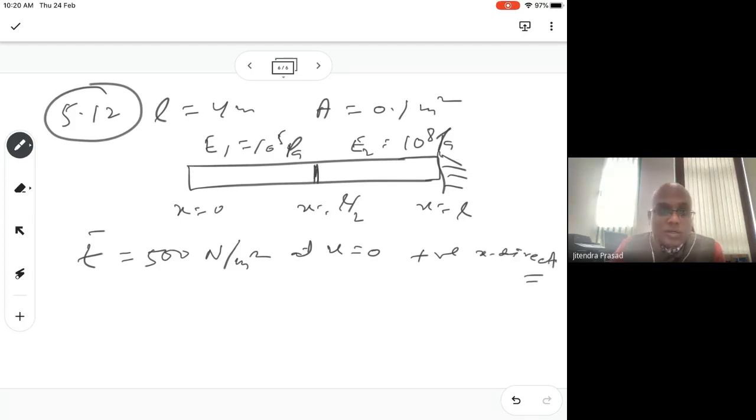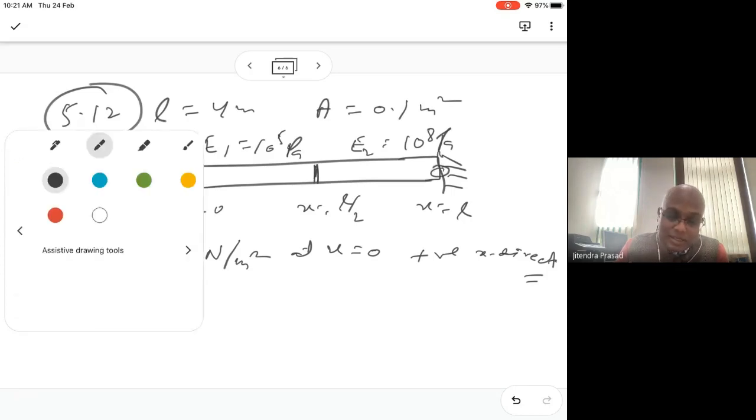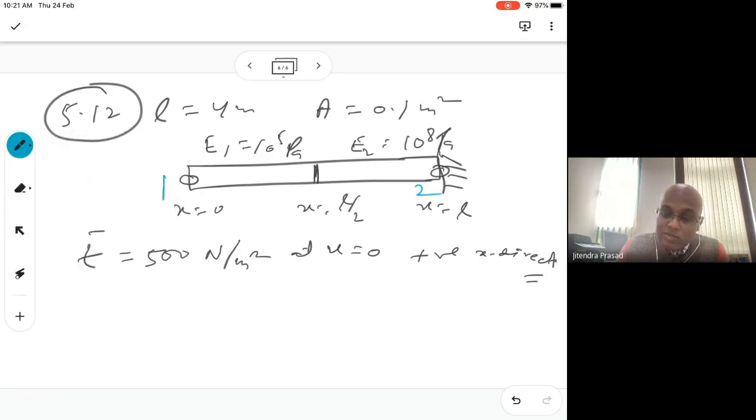So traction is there, and it also says in the positive x direction, so it already tells you which direction it will be. Consider a finite element mesh consisting of a single two noded element. So just two nodes here and here, number 1 and 2.